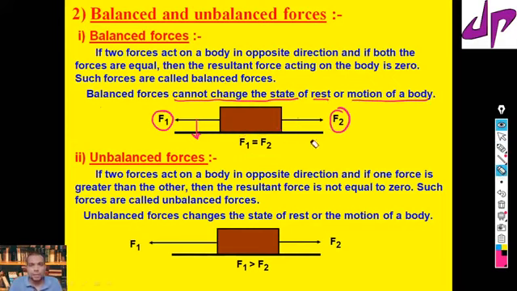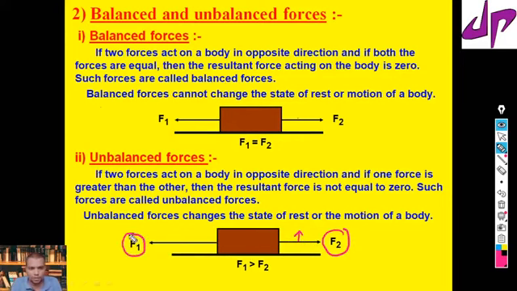Let's see about unbalanced forces. If you can see the figure below, unbalanced force, the word meaning itself says. Here we can see the forward force F2, the arrow looks smaller than F1. As I said, the length of the arrow shows the amount of the force.